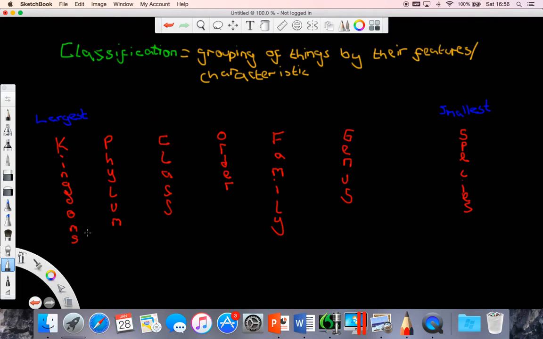Now, one way of memorizing this, and it's in a book that's right in front of me, it's one that I've never really used before, but you may find it useful, is: keep ponds clean or frogs get sick.